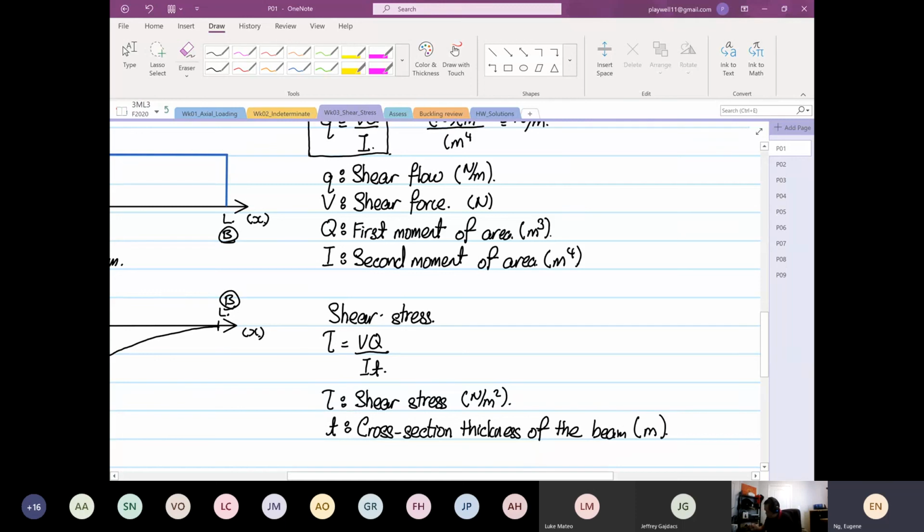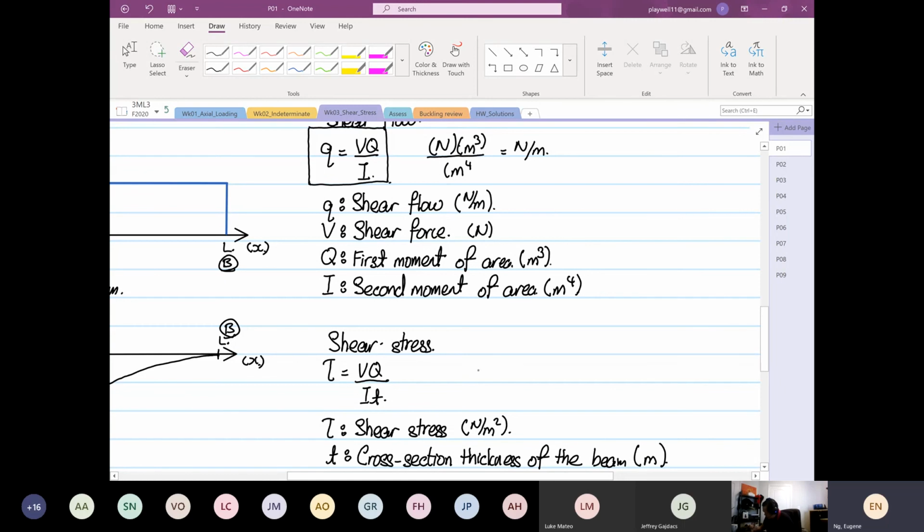So if you look at units, again we have Newton, meter cubed, meter to the fourth, and then meter. So this translates to Newton per meter squared, which is also equal to Pascal.